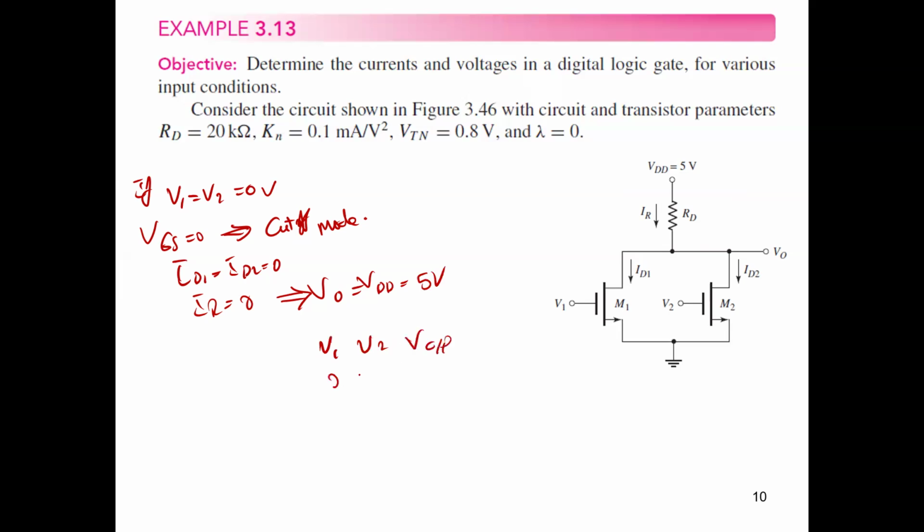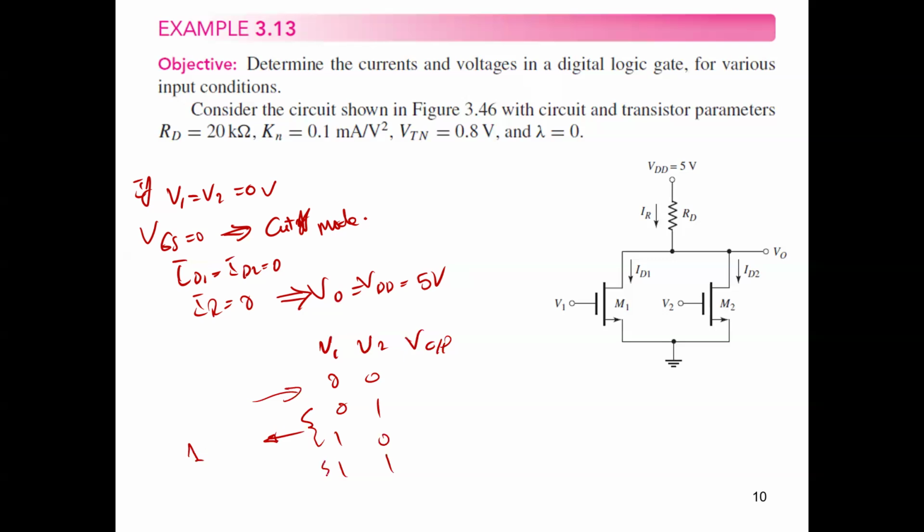So we can have 0,0; 0,1; 1,0; and 1,1. 0,0 we already made. For 0,1 and 1,0, we don't need to repeat, because one MOSFET will be on and the other off, and they will be reversed, so it will give the same response, which means these two cases are, in the end, just one case of calculations.